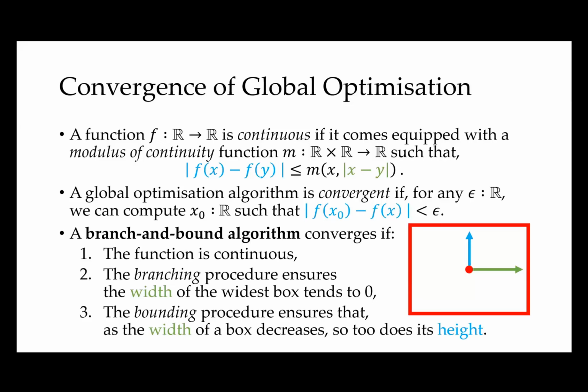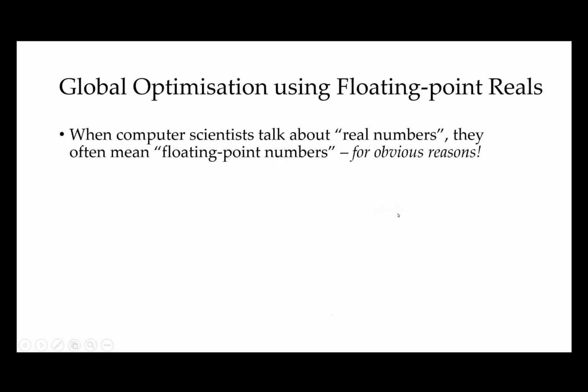And we can see, using these first two approaches, this kind of ensures this as well. So basically, with these three criteria, what we get is an assurance that eventually the height of the entire search area is going to decrease below epsilon. And again, it's that word eventually. We don't know how long that is, but we can be sure that that's going to happen.